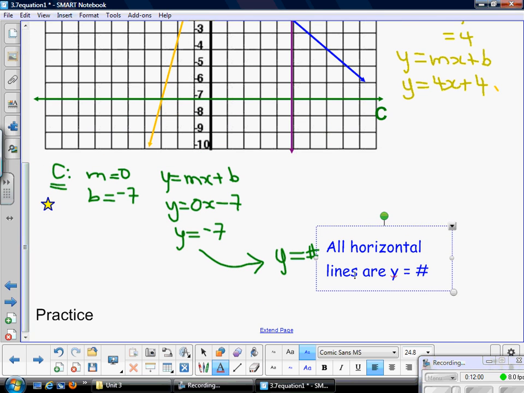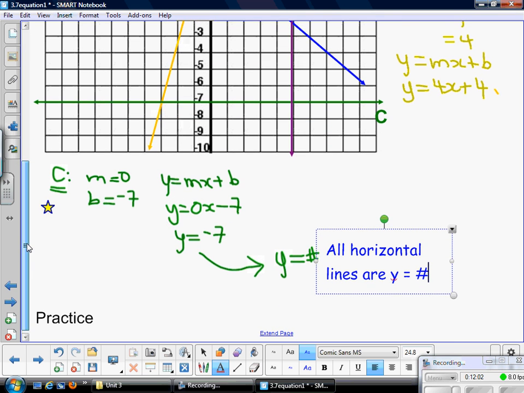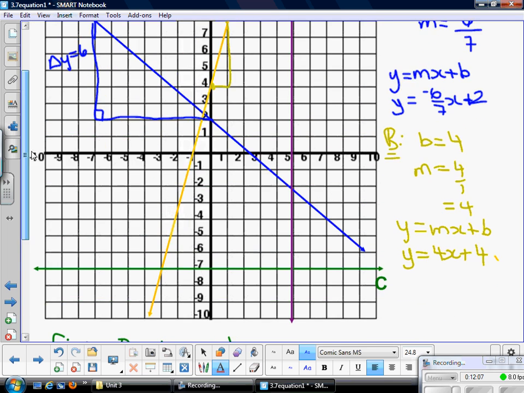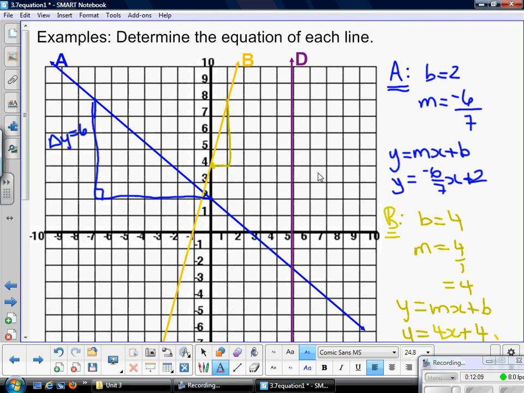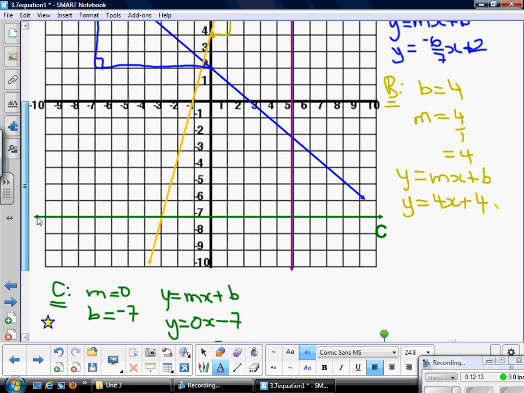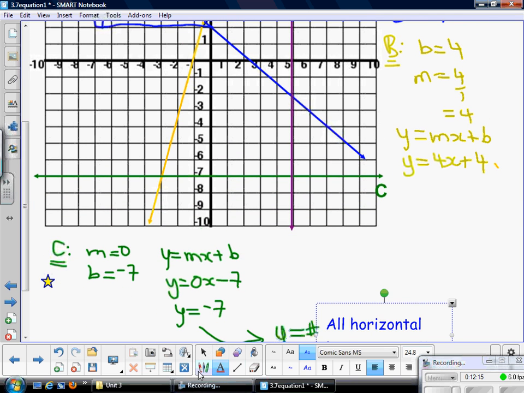Okay, and then if we look at our other one, which is D, which is our purple one, it's a vertical one. So again, it's a special one. Again, we want to watch out for it as well because those again come on tests as well. And so if we look at D, D has an undefined slope.